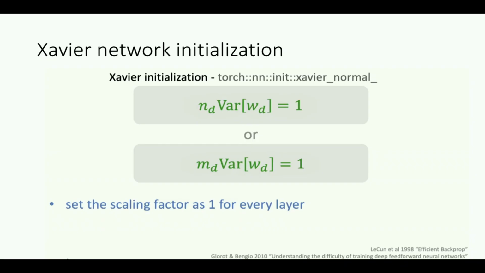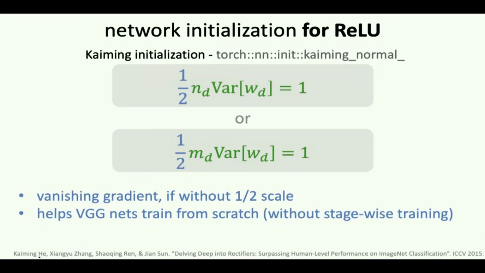But in addition, we try to control our variance such that the variance times the number of input dimensions equals 1, or the variance with respect to the output dimension is 1. This is assuming that we're using all linear layers and stacking them together. But there are also some nonlinear layers like ReLUs or dropouts in between.